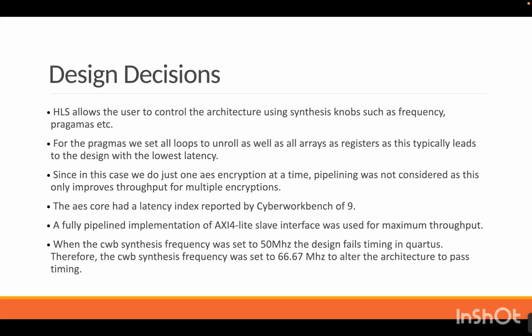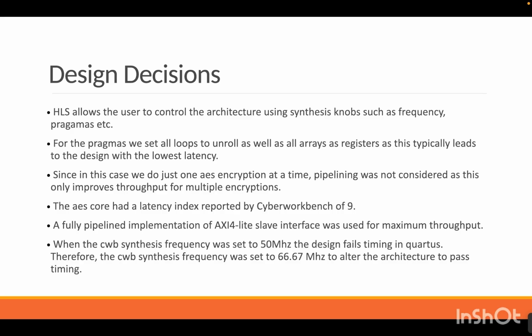On this slide, I will briefly explain the key design decisions behind our AES implementation. We used high-level synthesis to control the architecture through synthesis knobs such as target frequency and pragmas. To minimize latency, we fully unrolled all loops and mapped all arrays to registers as latency is the primary objective.